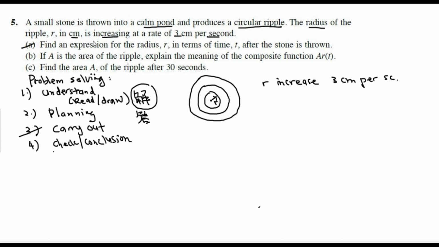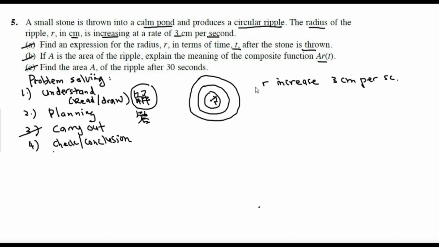A, find an expression for the radius r in terms of t after the stone is thrown. B, if A is the area of the ripple, explain the meaning of the composite function A(r(t)). And then C, find the area A of the ripple after 30 seconds.